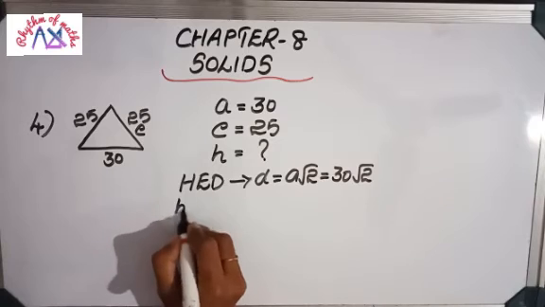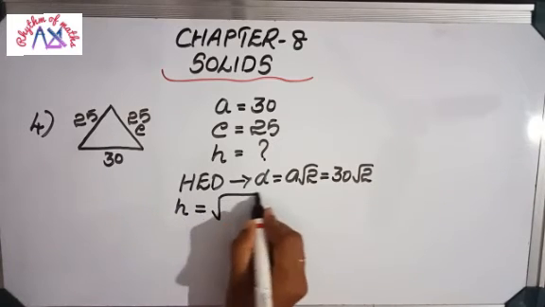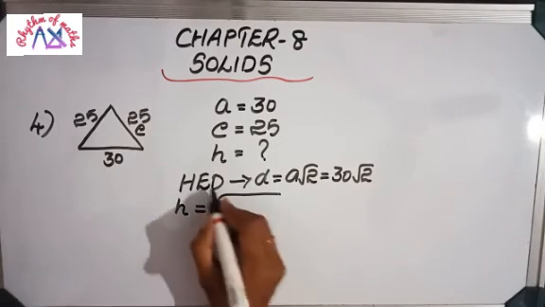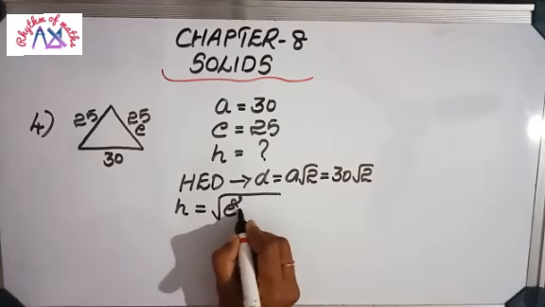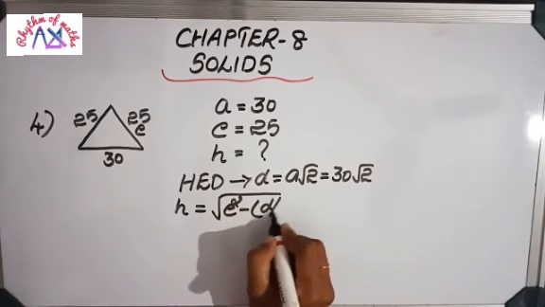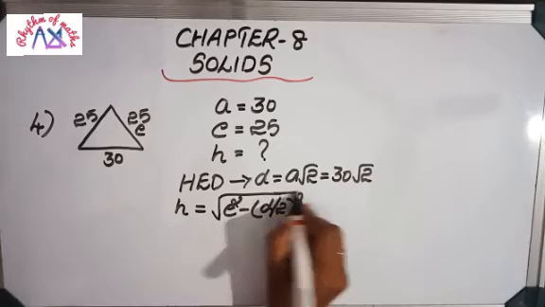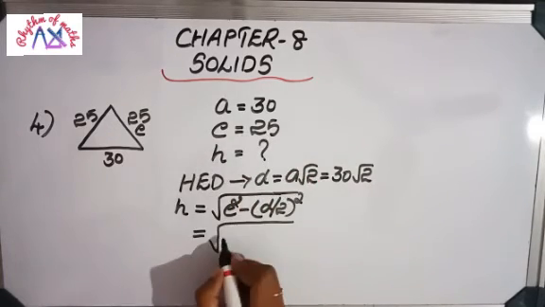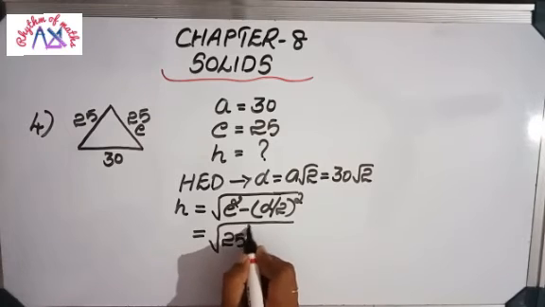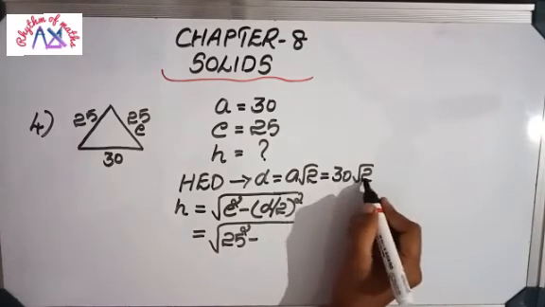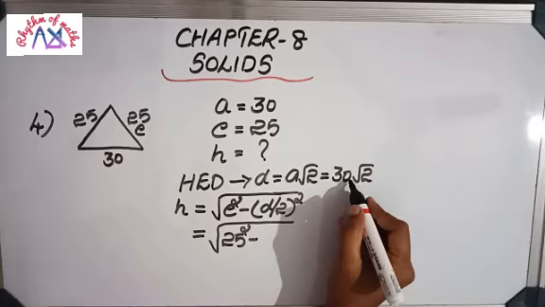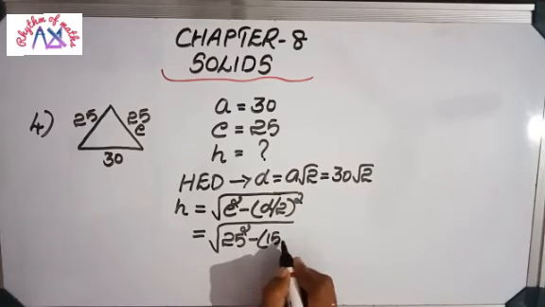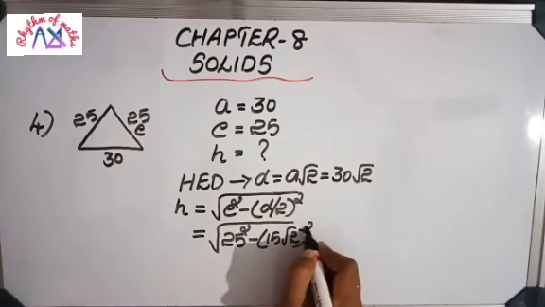Now let's write the equation. H equals root of, here E is the hypotenuse, so E square minus (D by 2) whole square. That is root of 25 square minus (30 root 2 by 2) whole square. 30 by 2 is 15, so that is (15 root 2) whole square.